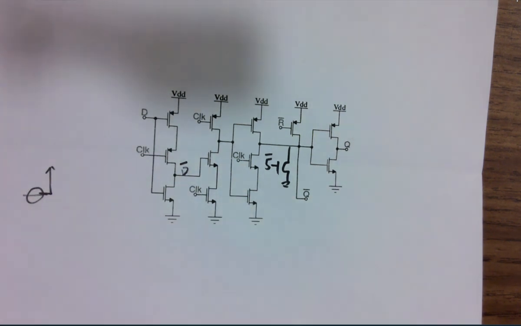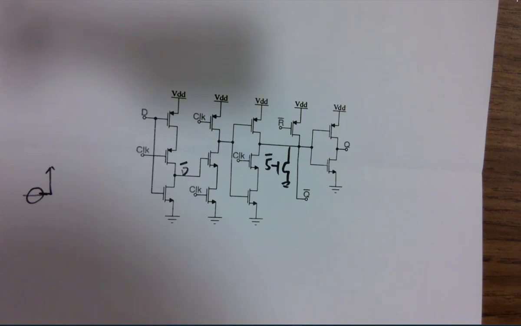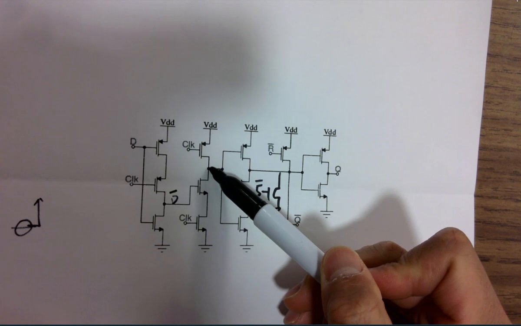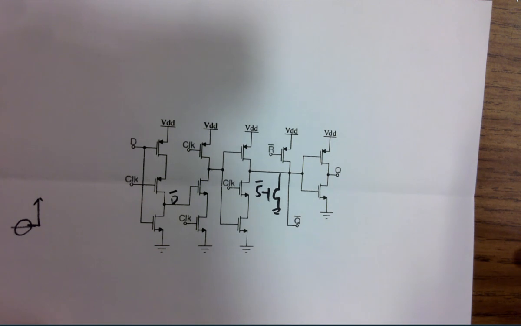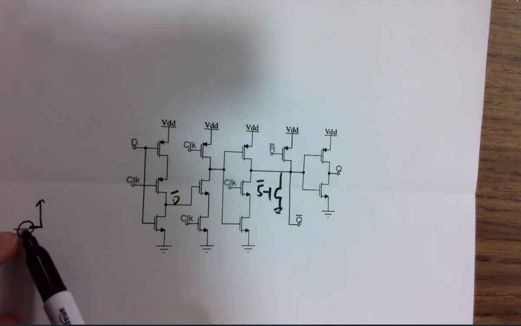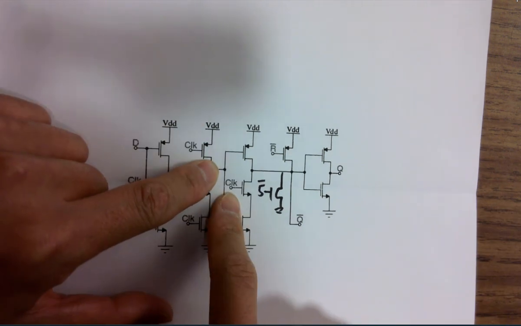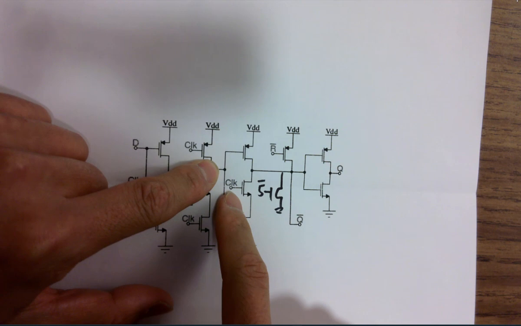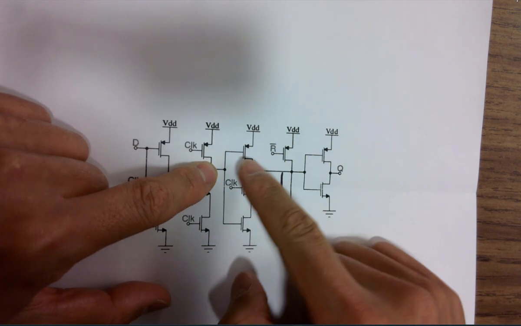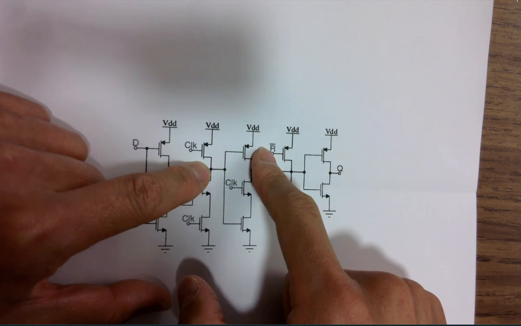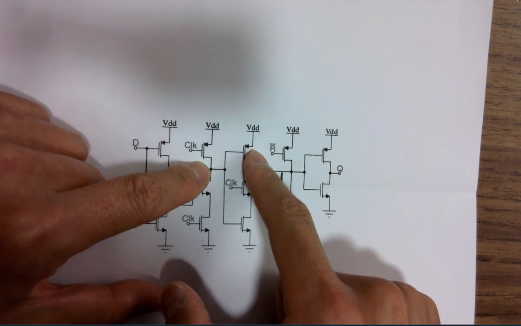What's next? Well, then it goes into NMOS, right? Because this is being pulled up during 0, what's happening for this guy? During 0 it's off.